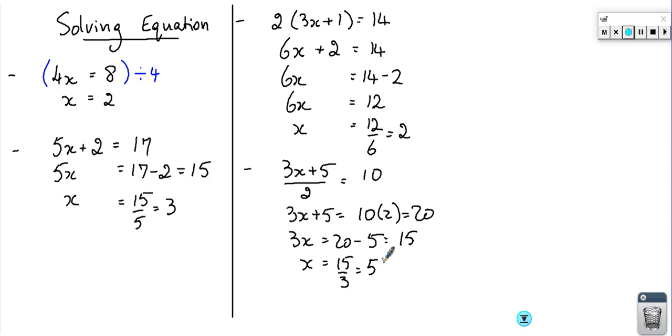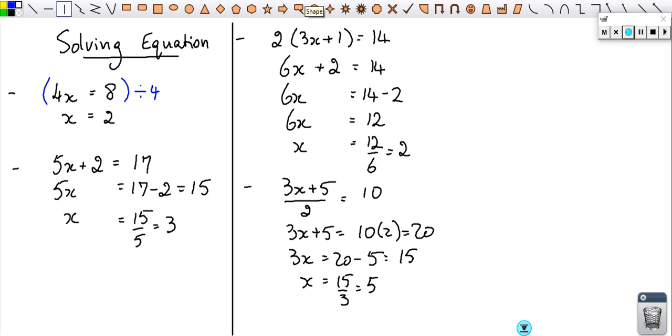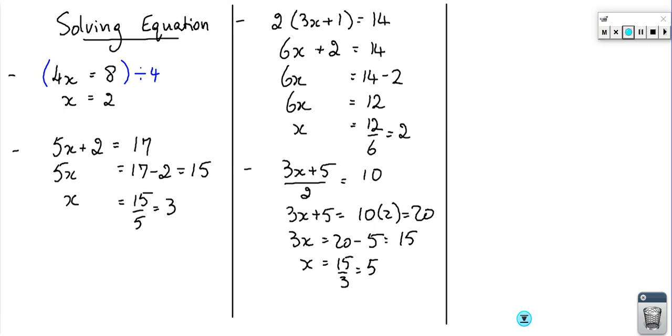It might be even a little bit harder if we have two fractions in one equation. For example, we're going to solve (2x minus 1) on 5 is equal to (3x plus 2) on 3. What am I going to do this time? This time, step by step.